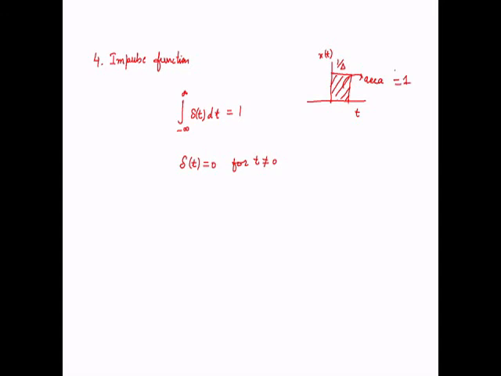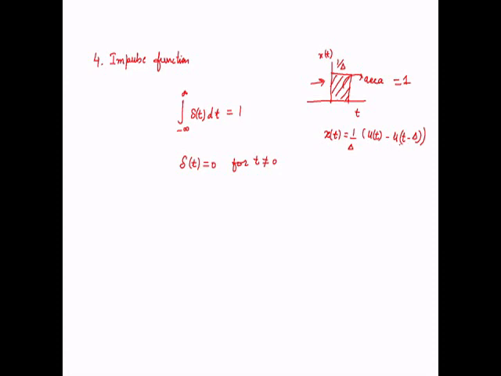The rectangular function can be represented in this form, and we can represent it like x(t) is equal to 1 by delta, u(t) minus u(t minus delta). So that is the representation of x(t).